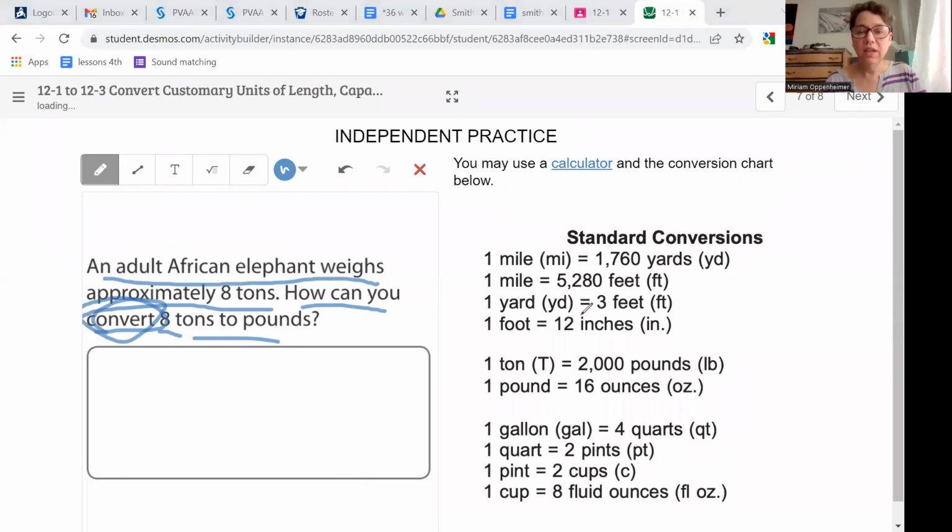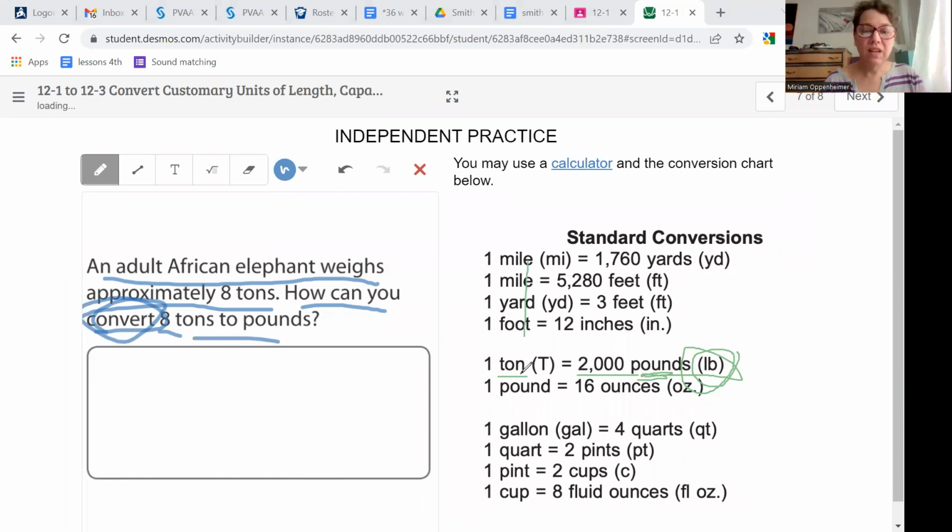And I see here ton to pound. Remember, pound is LB because it comes from Spanish. Libros. It's Latin, but Spanish, right? Libros is pounds. That's how you can remember. You're so lucky. It's easier for you to remember.